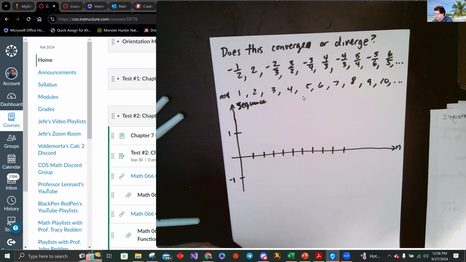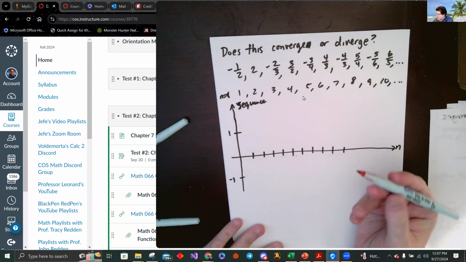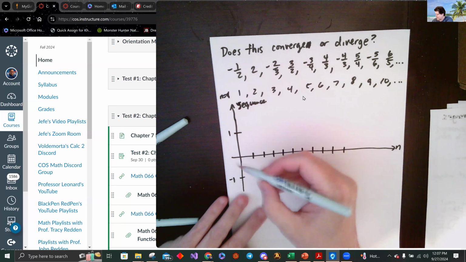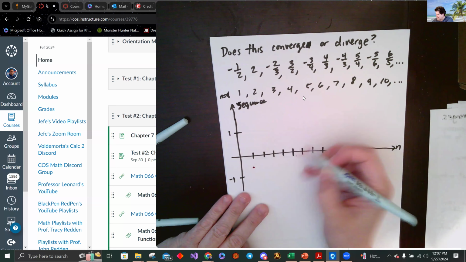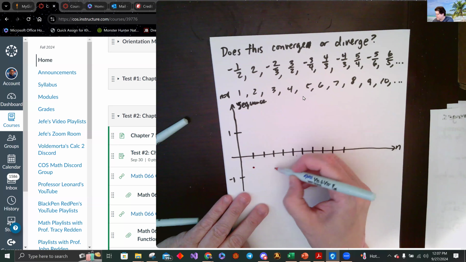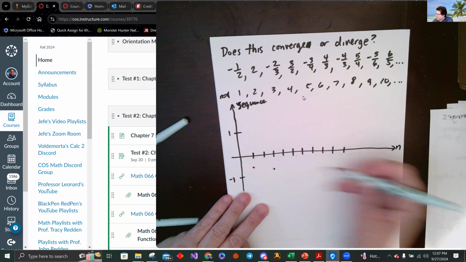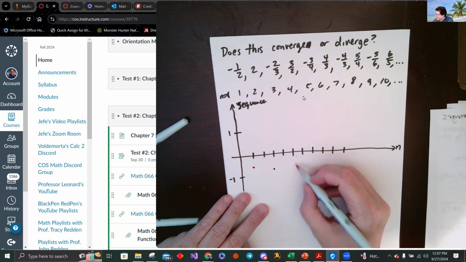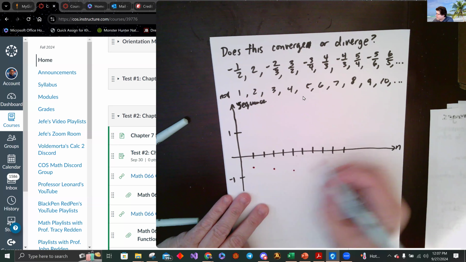So I'm going to do the ones that are negative in red. So n equals 1 is -1/2. N equals 3 is negative 2/3, a little bit lower. N equals 5 is negative 3/4.